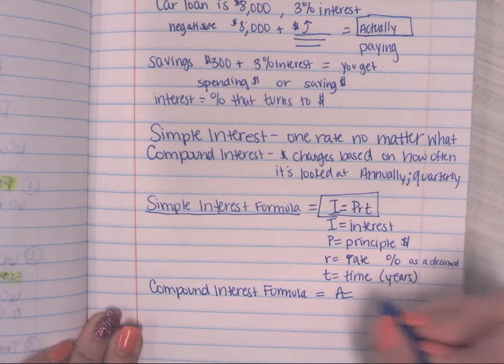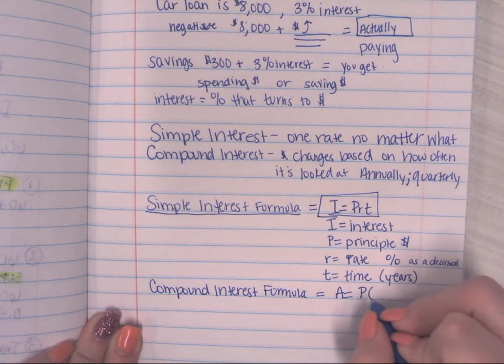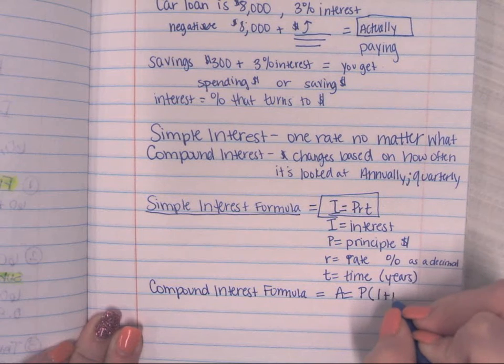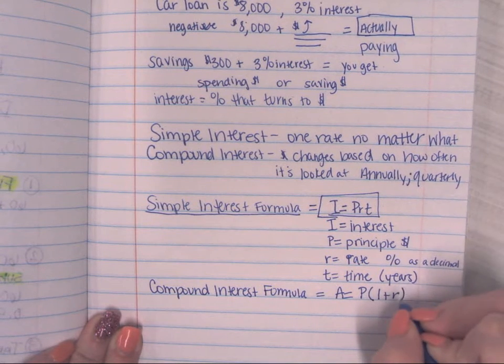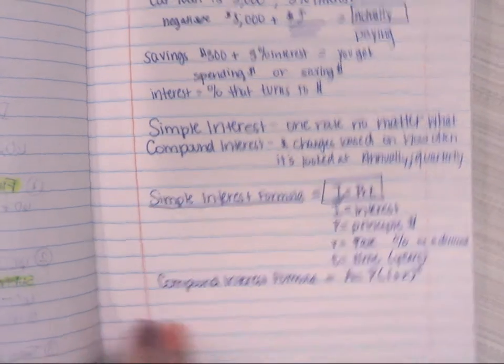The amount of money is equal to the principal times 1 plus the rate, with time as the exponent.